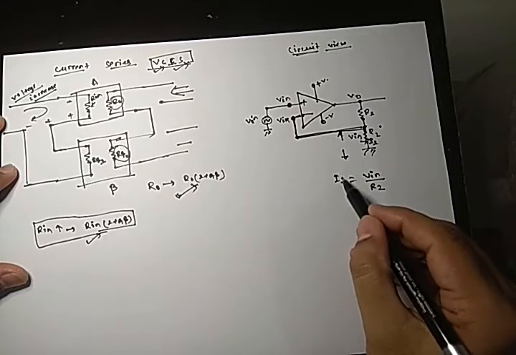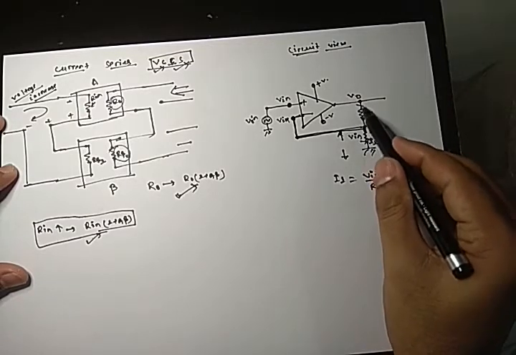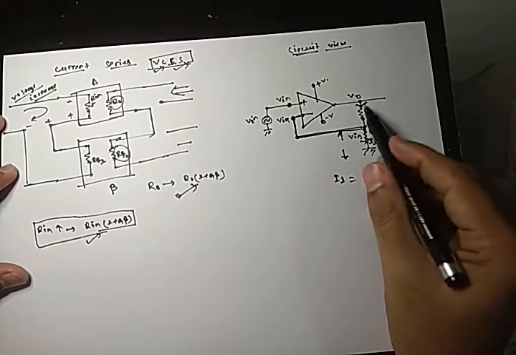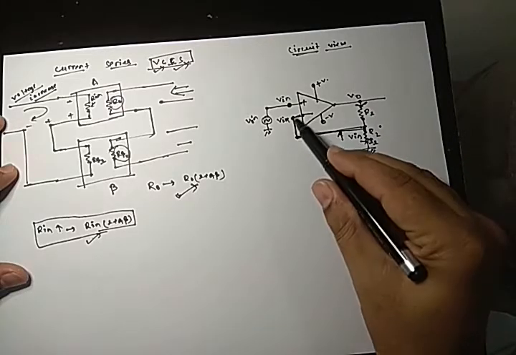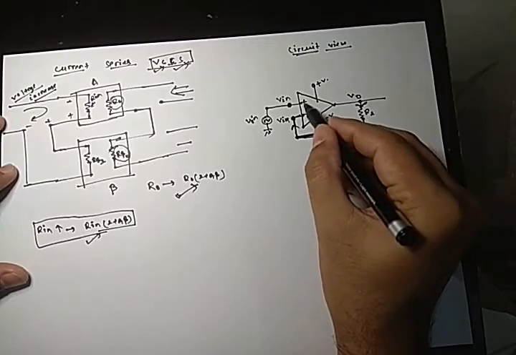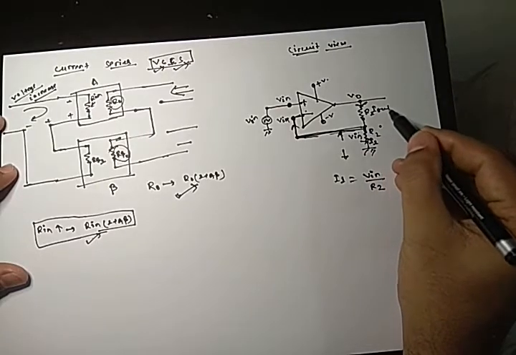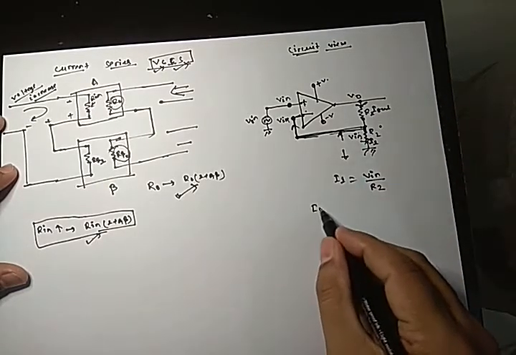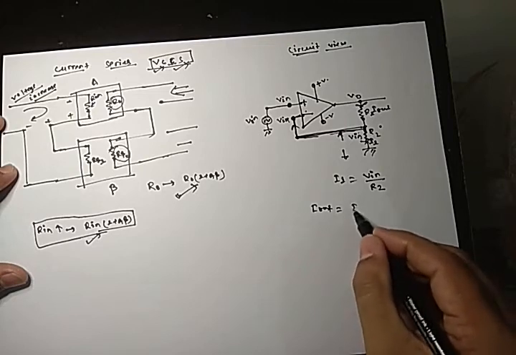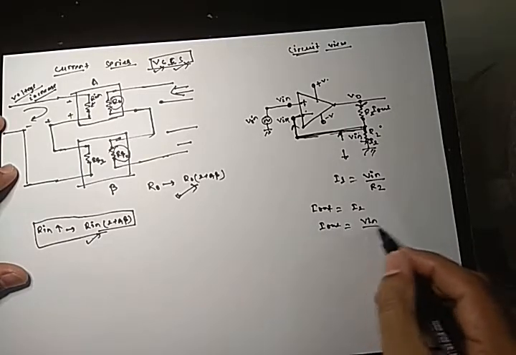This is the current across R2, but the same current will be flowing across this one, because there is no path where the current will move through this one, because this is a highly resistive path, so no current can move through this circuit. So the current I out will be the same as I1. Now I out is equal to Vin by R2.